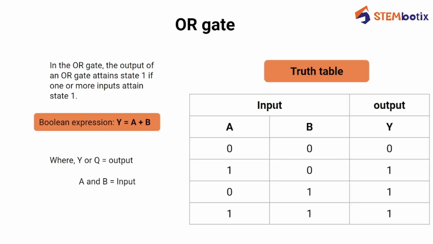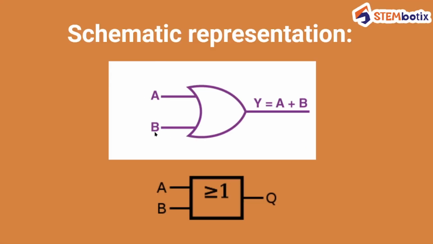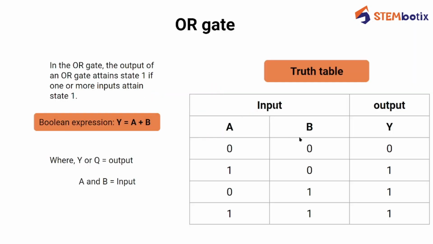So let's see its inputs, outputs and truth table. When you put 0 and 0 in, it performs a simple summation: 0 plus 0 gives you 0.